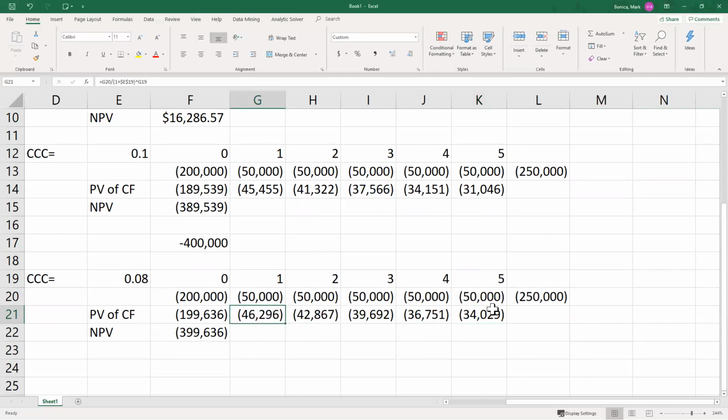If we want to punish future cash flows, or force them to really promise higher or lower costs because of that additional risk, we're going to decrease the corporate cost of capital, which makes these future expenses more expensive. So comparing a $50,000 payment discounted at 10% versus a $50,000 payment discounted at 8%, you can see that the 8% one is more expensive.